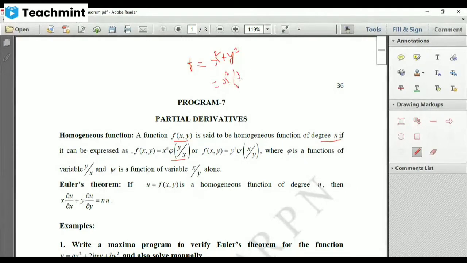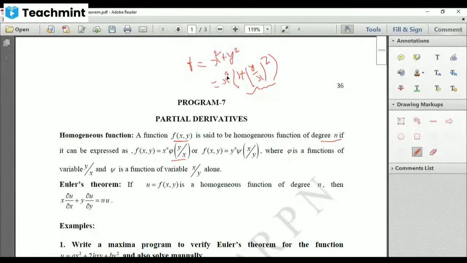Then you are left with 1 plus y square by x square, which can be written as 1 plus y by x whole square. See, this is your phi of y by x because this is a function which has the variable y by x, and we have taken x square completely outside. So this is a homogeneous function of degree 2.